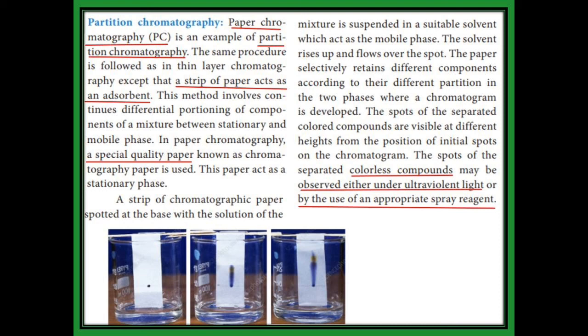So it is like thin layer chromatography only. Paper chromatography is the same as thin layer chromatography. What is the difference? Here we are using paper, whereas there we have to prepare the thin layer with the help of a glass plate, which supports it.